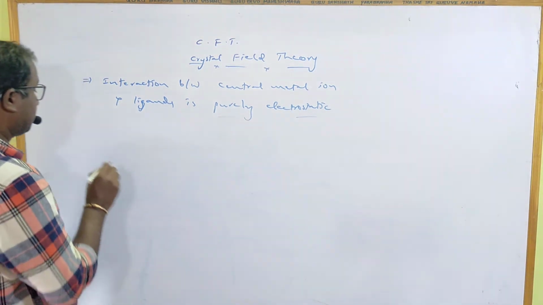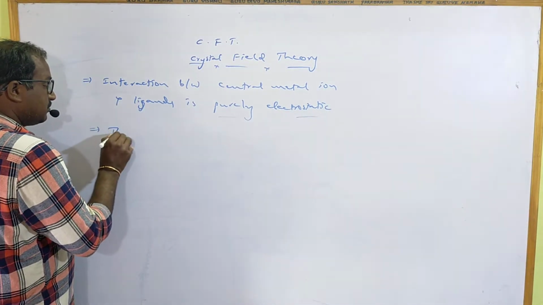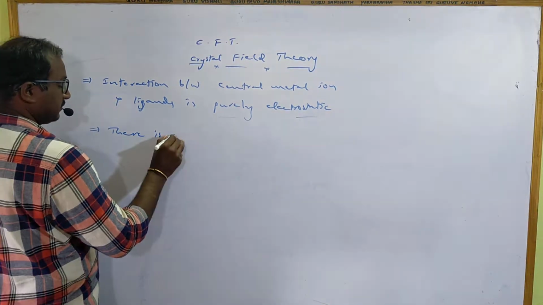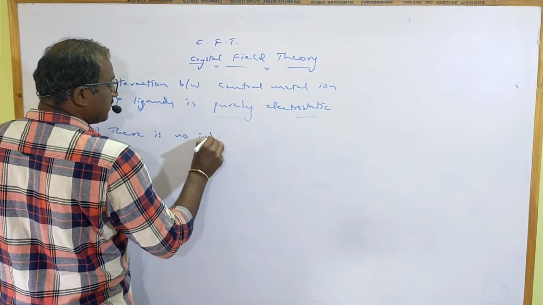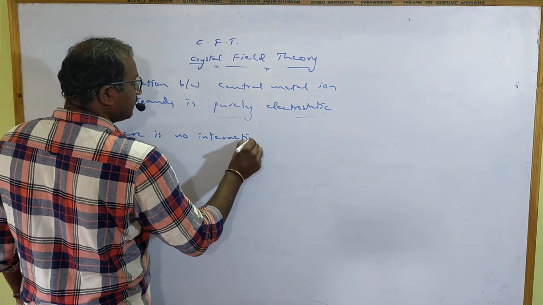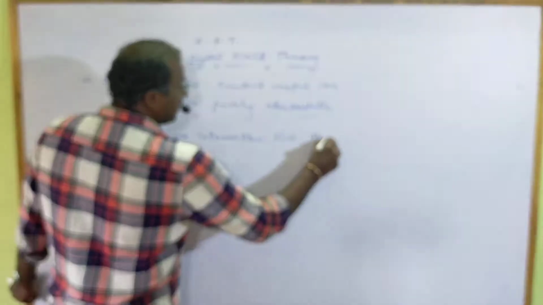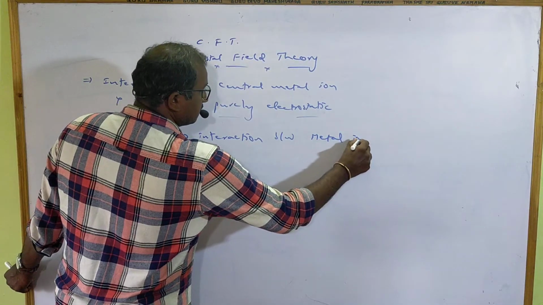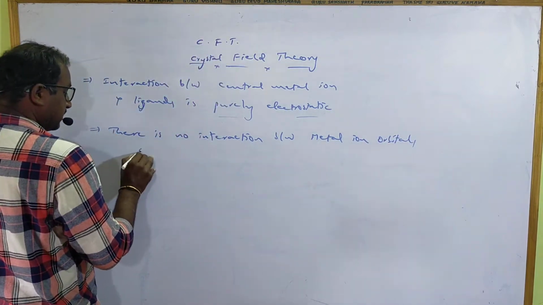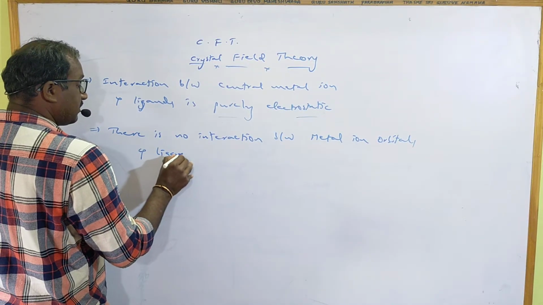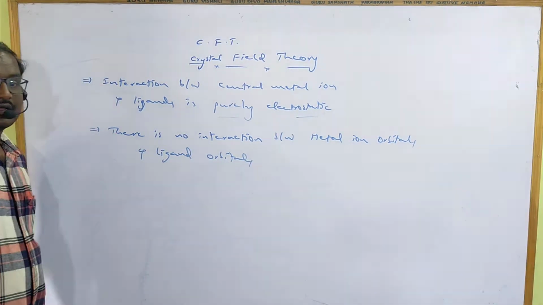And one more important thing is, according to this theory, there is no interaction between metal ion orbitals and ligand orbitals.